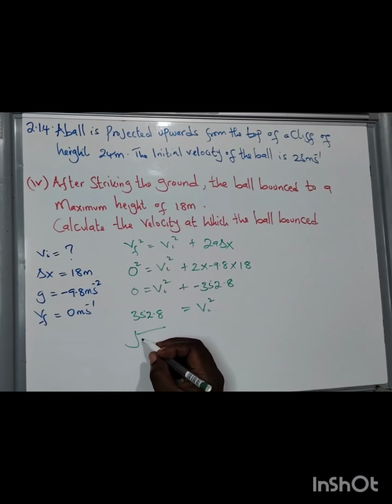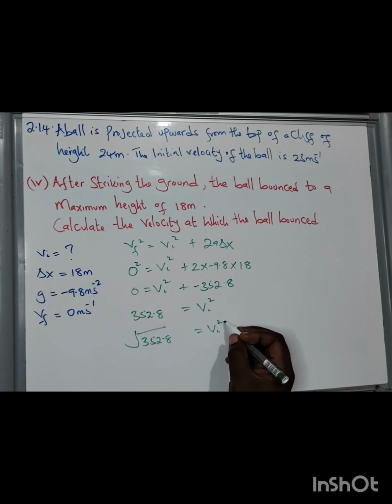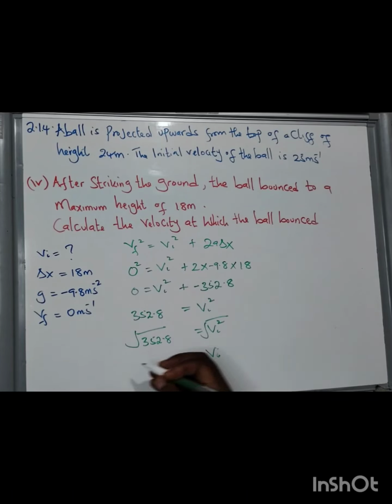When you find the square root, you get your Vi as 18.78 meters per second. Yeah, there we are.